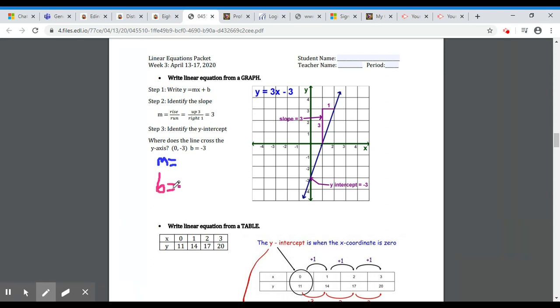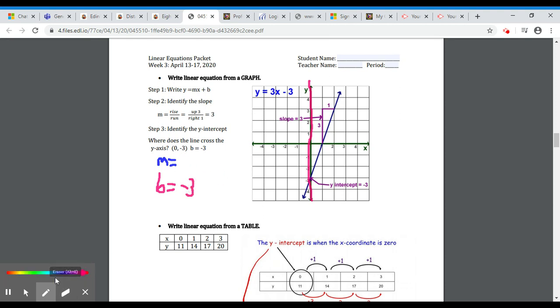Now, the easiest thing to do is to identify your b first. Because remember, what is b? b is where the line crosses the y-axis. And in this case, it crosses it at -3. So -3.